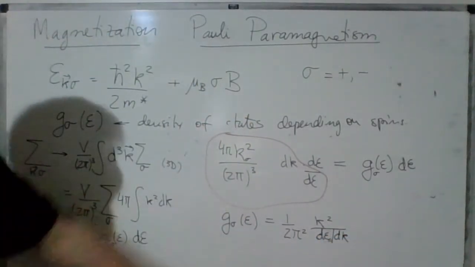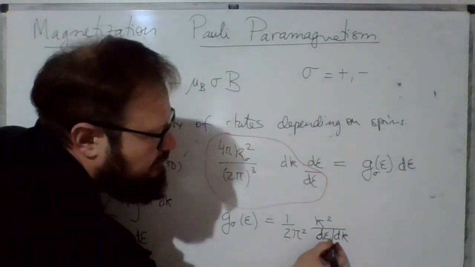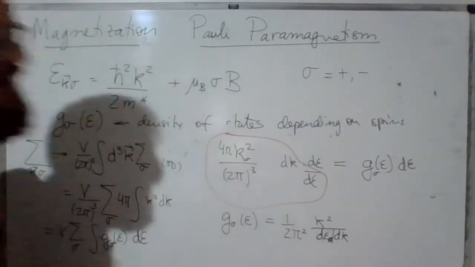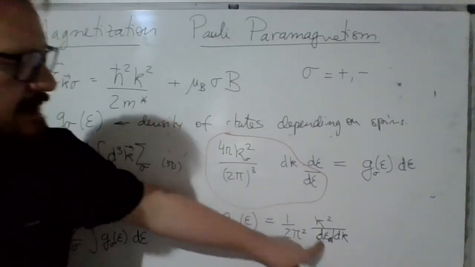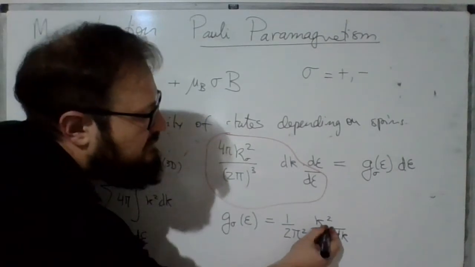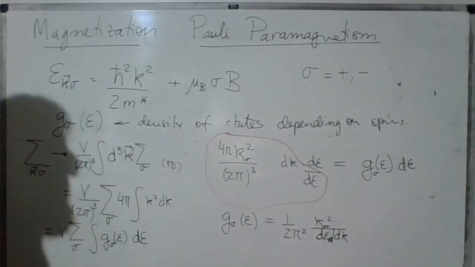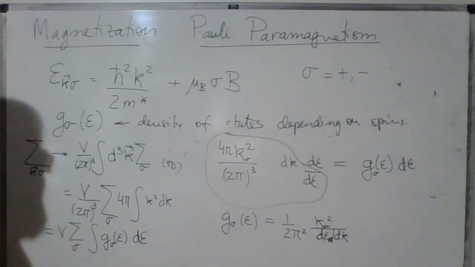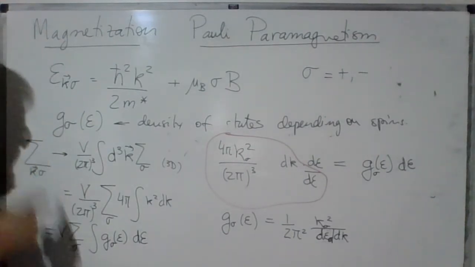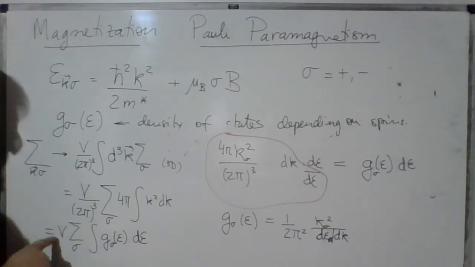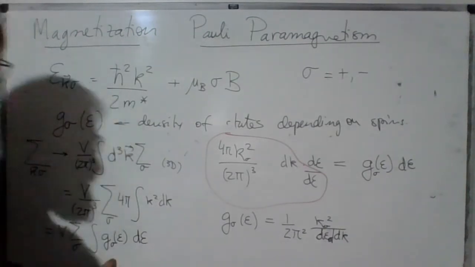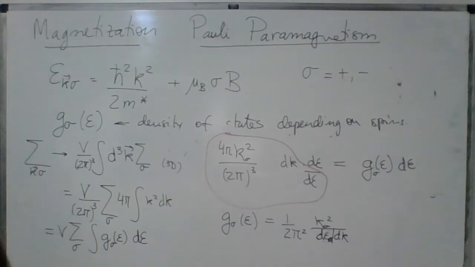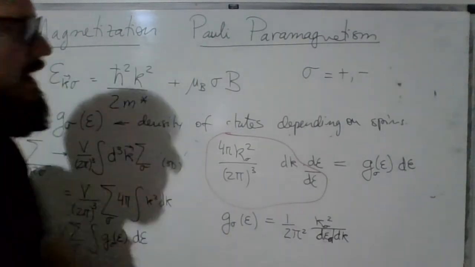So this is the density of states. Now I pick up the energies for the spin sigma and differentiate with respect to k, introduce the k for that given spin, and I can calculate the density of states here. So any summation will be replaced by this: volume times the summation over spins and the integral over energy, but the density of states now will depend on the particular spin of the particles. All right, so we can calculate that.